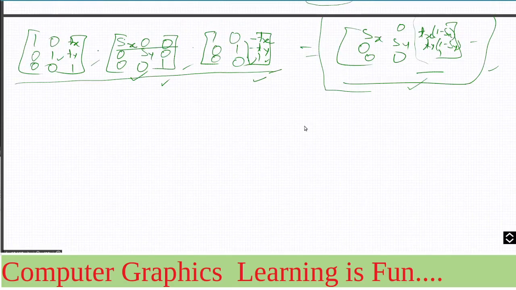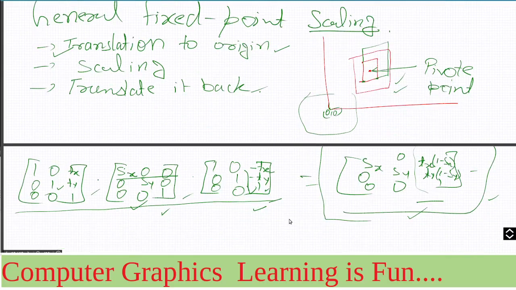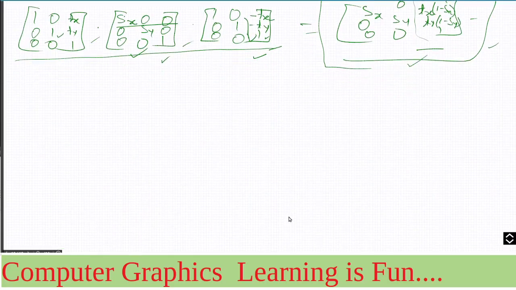Let us see some other example where we need to combine scaling with rotation as well. If you want to perform rotation as well as scaling both, let me show you an example where you will be able to combine those two.